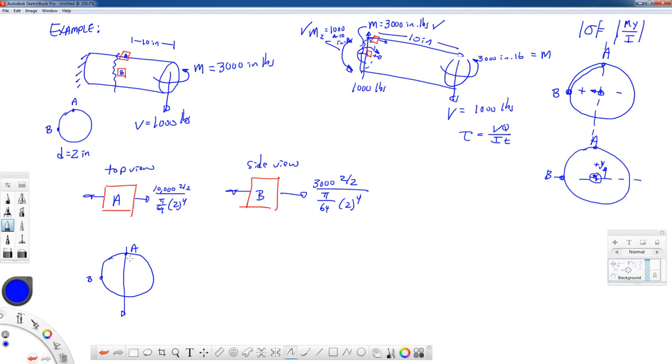You shade in from the point of interest to the top of the cross-section to calculate your Q area. For point A, we are already at the top of the cross-section, so the Q area is 0. So that means that this transverse shear force does not cause any shearing stress at A.